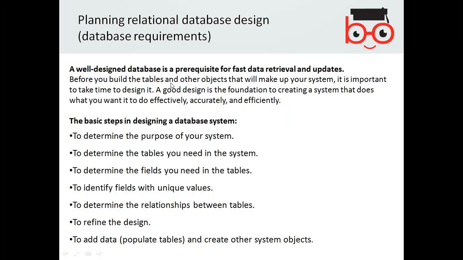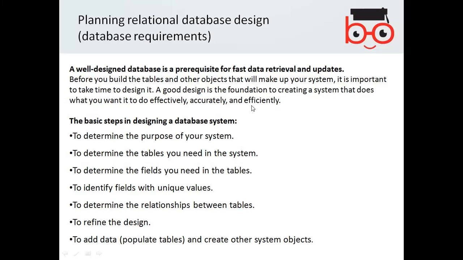If the database is not well designed, then obviously you will not be getting easy and faster data. Before you build the tables and other objects that will make up your system, it is important to take time to design it. A good design is the foundation to create a system that does what you want it to do effectively, accurately, and efficiently.